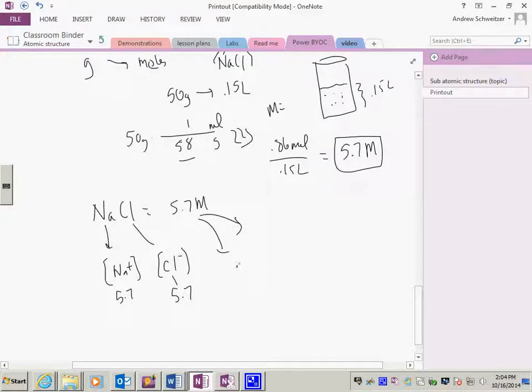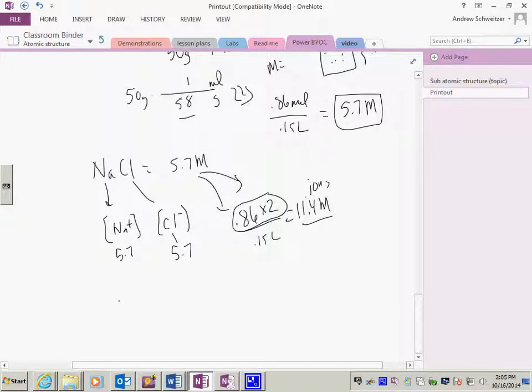So I have 0.86 moles of formula units, but if you look at all the ions, it's times 2. So 0.86 times 2 divided by 0.15 liters gives twice as much concentration, 11.4 moles per liter. This is the concentration of all the ions in solution, because I am keeping track of all of my ions.